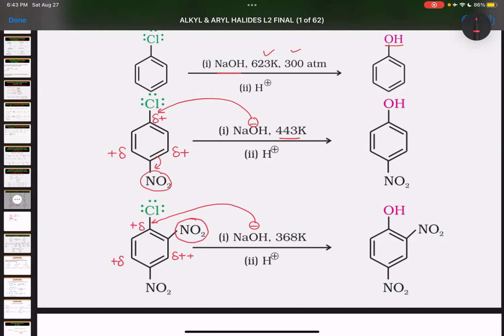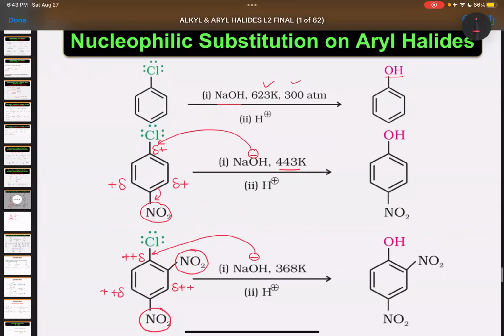And here also this NO2 will bring positive charge to these positions. So because of 2 NO2 groups, the ring is very less electron rich. It is having positive charge density. But we are bothered only about the place where the Cl is attached. So OH minus can come and join in very easily. Clear?